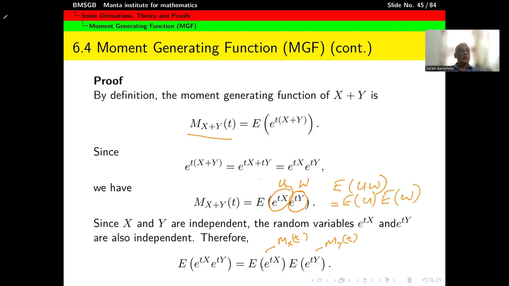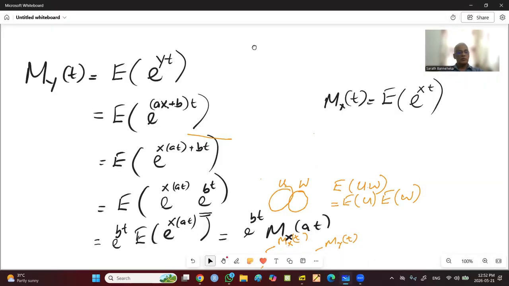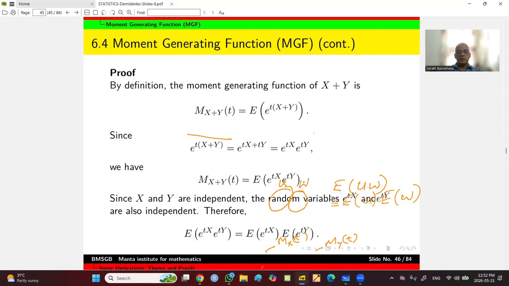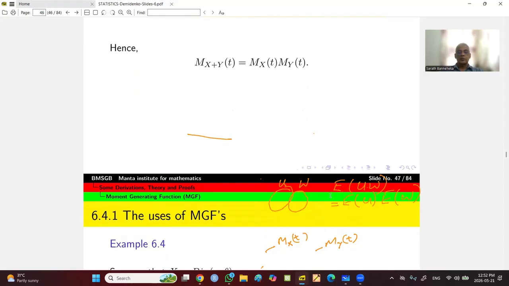Okay, I want to get my arrow here. Okay, it seems I have to exit from this one first. Okay, so this is what I have proved. I will just delete these things.